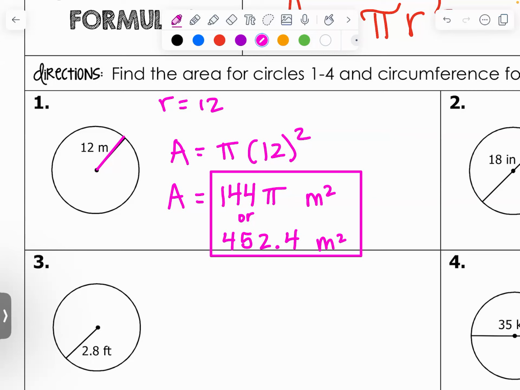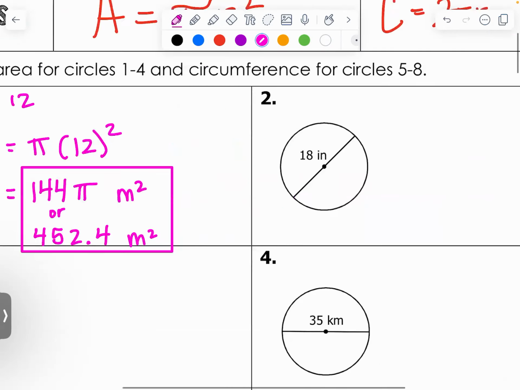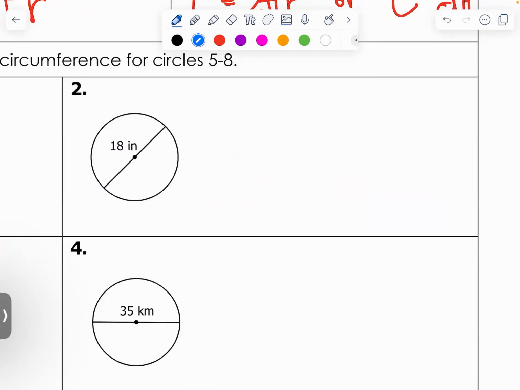All right, find me the area for number 2. And in number 2, what did they give you? What's 18 represent? Diameter, so be careful.